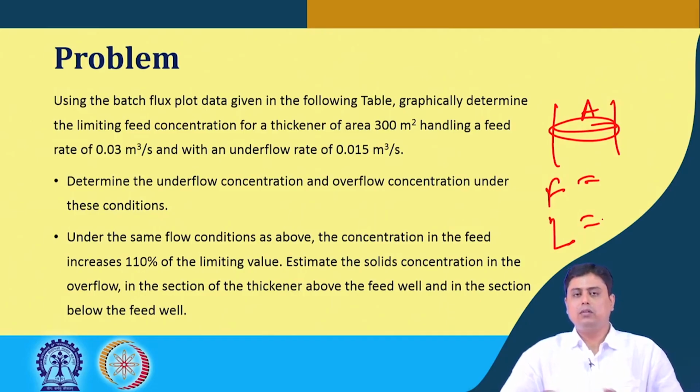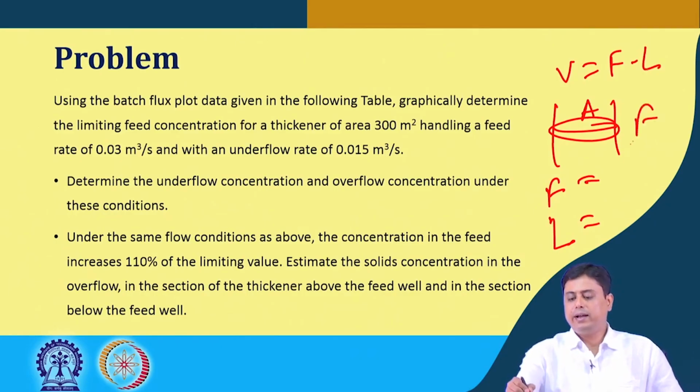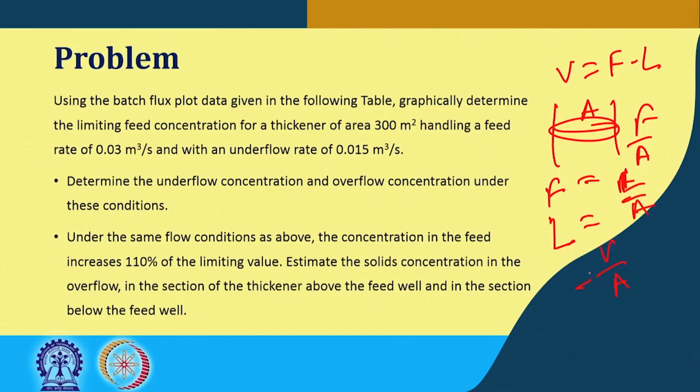So, how should we solve this? First of all, this is F, this is L, this value is known. So, we can easily calculate what is V, which is F minus L. And then we can find out the values of F by A, L by A and V by A, or rather minus V by A. Then what would happen?